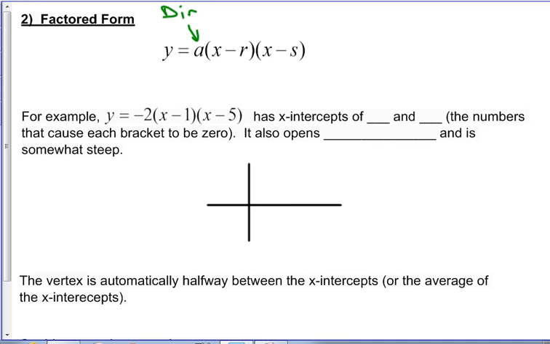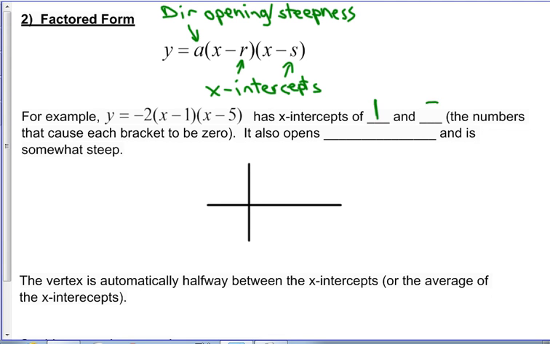So A still means direction of opening and steepness. R and S in this form are x-intercepts. So in the equation y equals negative 2, x minus 1, x minus 5, there'd be x-intercepts at 1 and 5.